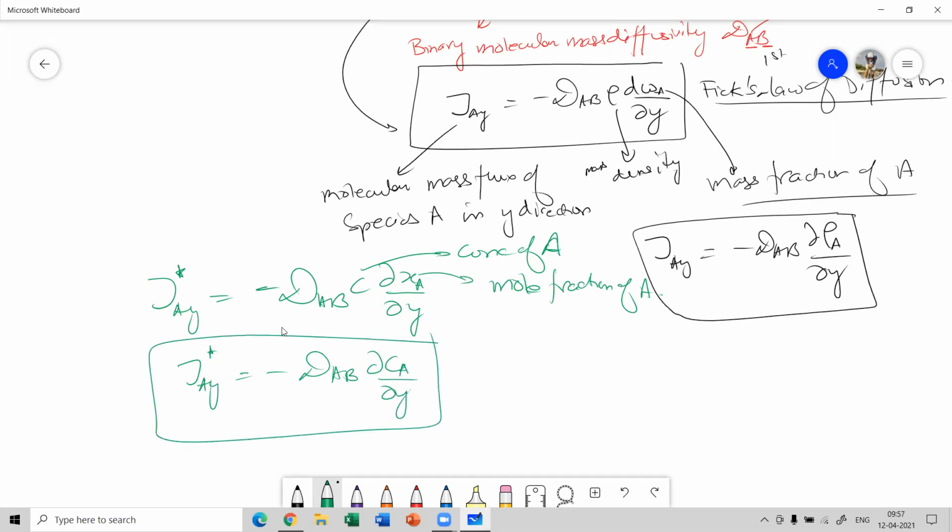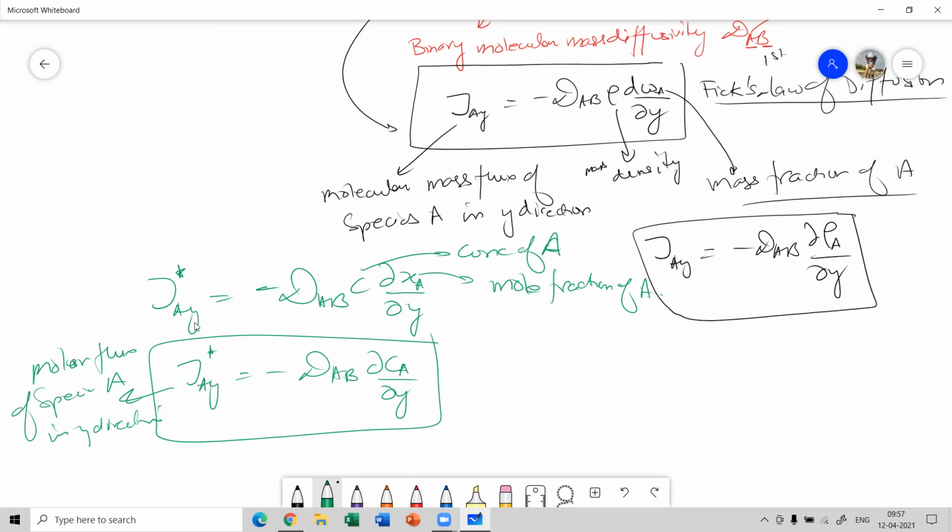It can be represented in either form, where JAY star is the molar flux of species A in the y direction. Clear?